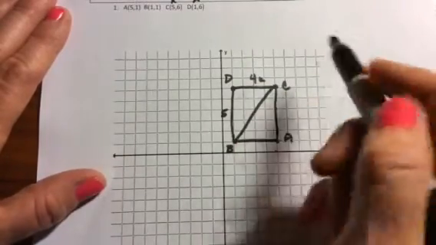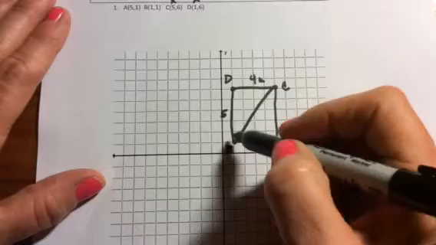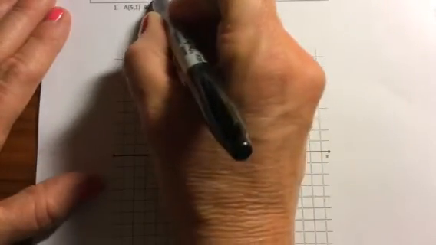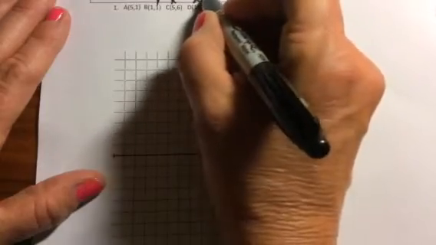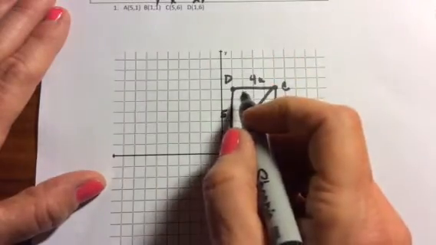Same thing with our y's. Our y-coordinates go from D to B, from 1 to 6, so that's where we get the distance 5, if we take 6 minus 1.